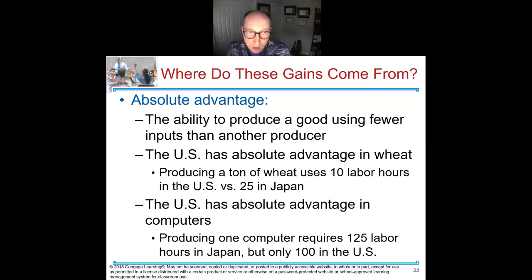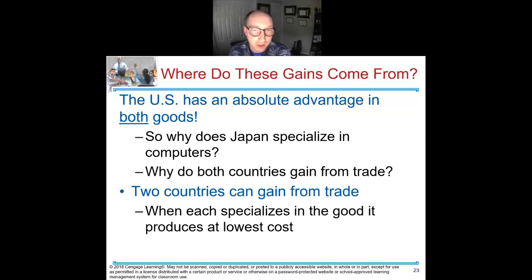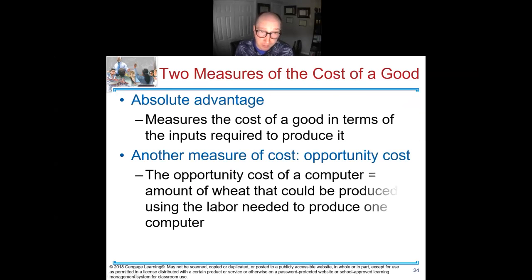In other words, with respect to absolute advantage, the lower cost per unit represents an absolute advantage. So the U.S. has an advantage for both goods because the cost of manufacturing is lower for computers, and the export of wheat is sufficient because the other country cannot produce the wheat. But both countries gain from trade.